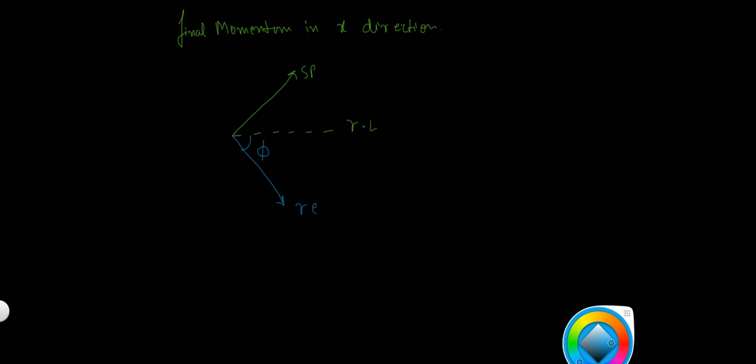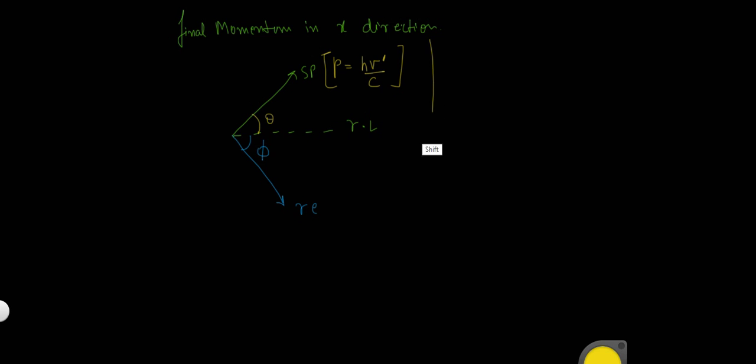So let's write the momentum of the scattered photon. The momentum of the scattered photon can be given as h nu dash by c, but this momentum is not in x direction because this is at an angle theta with the reference line. So for the momentum in x direction, px final of photon can be written as h nu dash divided by c multiplied by cosine of theta.